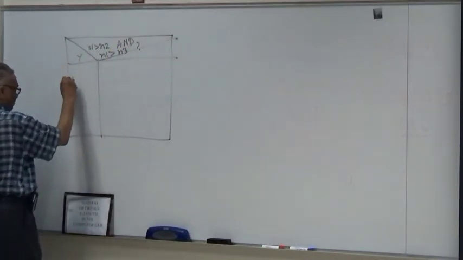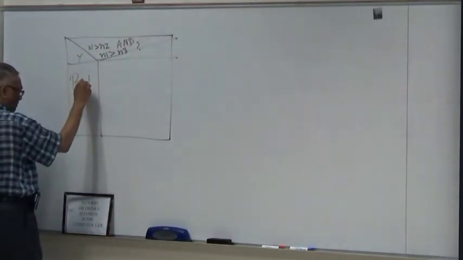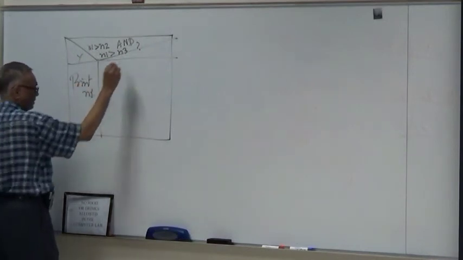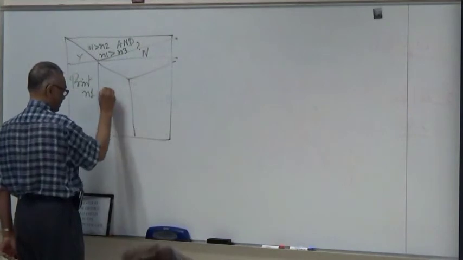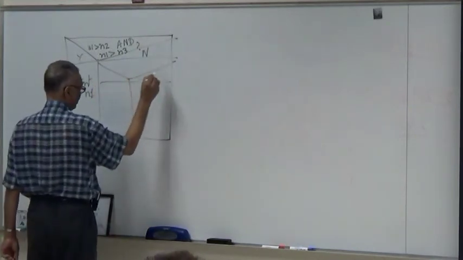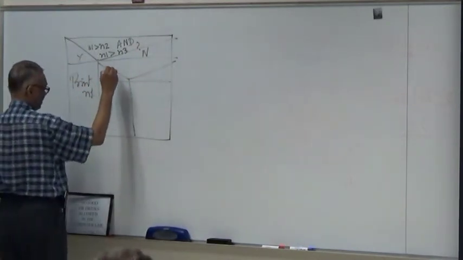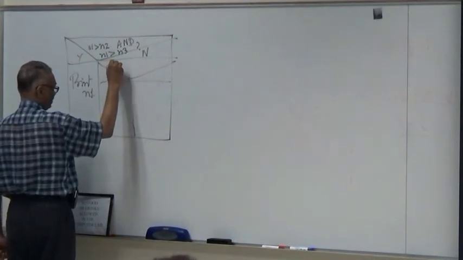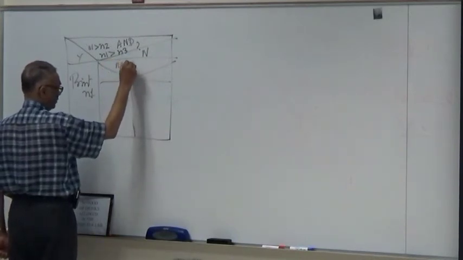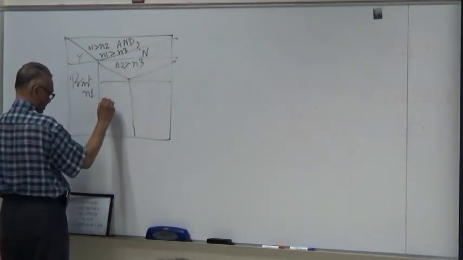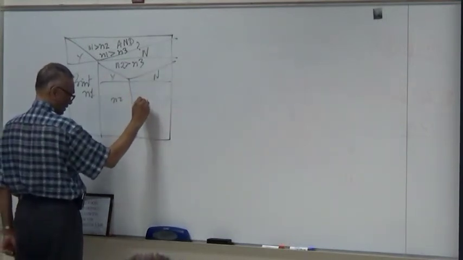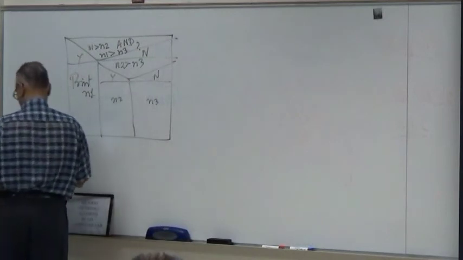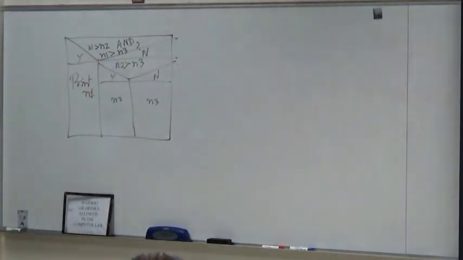If yes, print n1. If not, make another test. So structured flowcharts are a bit easier to understand than standard flowcharts. Here you have to test n2 greater than n3. And in this case, you'll print n2. You'll print n3 here. Okay? Do you have any questions?